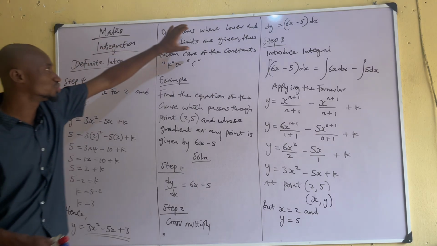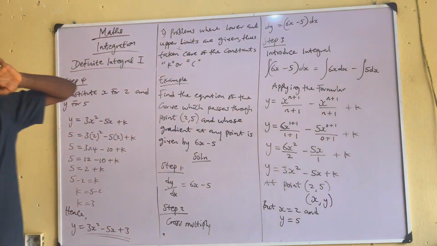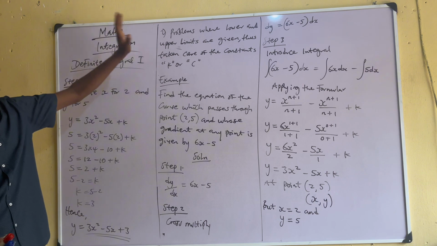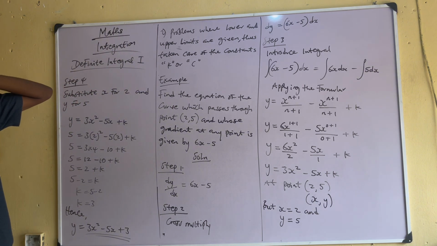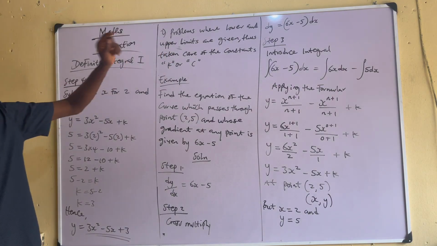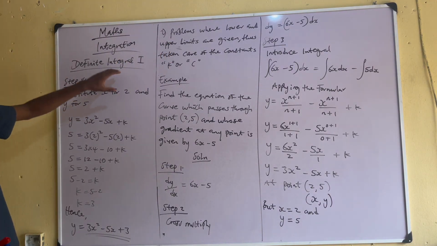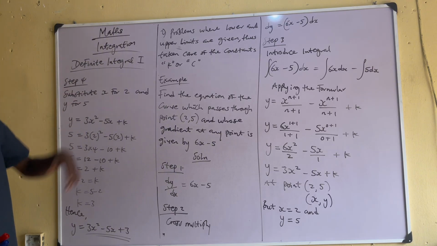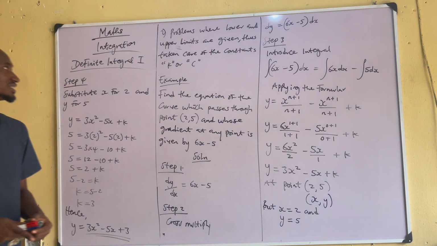So I'm not going to do anything concerning this, because I said I'm going to handle it in a separate video. Do you understand now? So we'll leave these two for definite integral 2. I believe you understood this, right? Now we'll talk about definite integral 2.